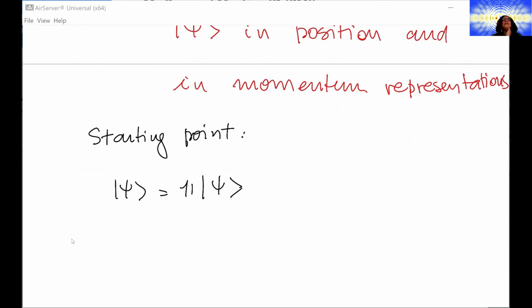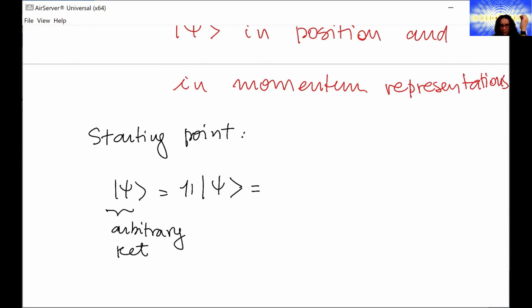So this is an arbitrary ket psi. So far, so good. If you want to do this in position representation, you write then the integral d3r of ket r, bra r, psi.